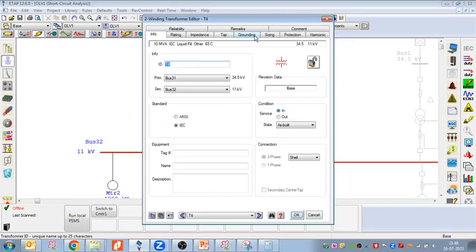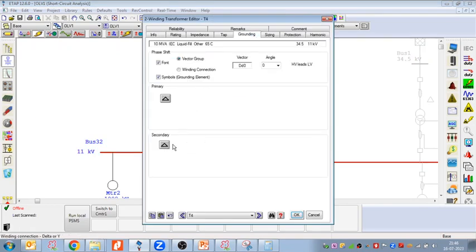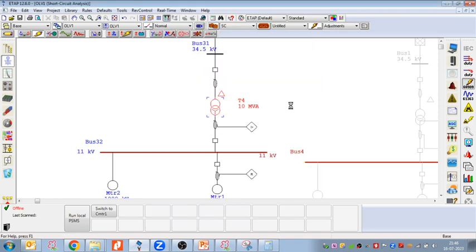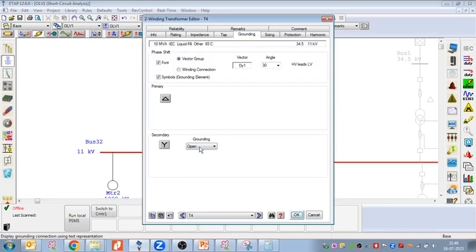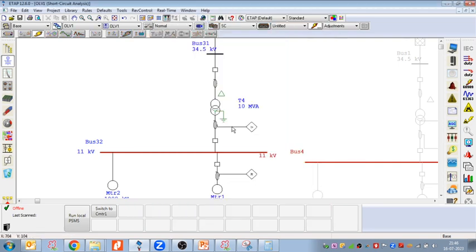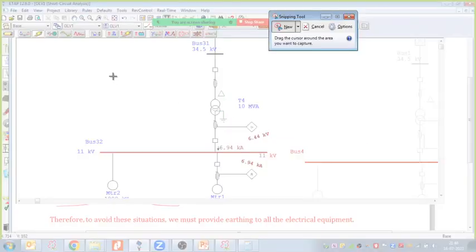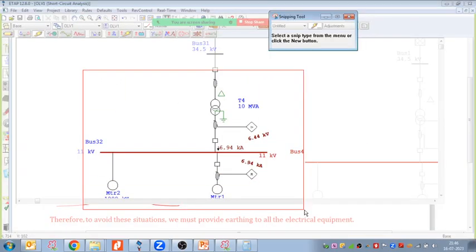Fault current becomes zero as we open the star side of the transformer. Let me take the snapshot. Grounding, I'm going with the first solid grounding, and then just stick with the concept, which is more important, right? So I'm taking this case.